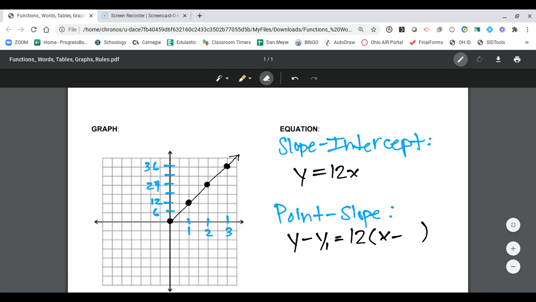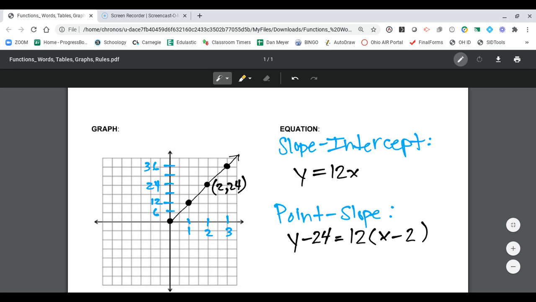So if I erase this x1 and y1, all you're going to do is put any point you want into those two slots. Just for fun, I'm going to use (2, 24). That's on my graph. So x minus my x coordinate, which is 2, y minus my y coordinate, which is 24. There are infinitely many answers to point-slope form. There is only one slope-intercept form.